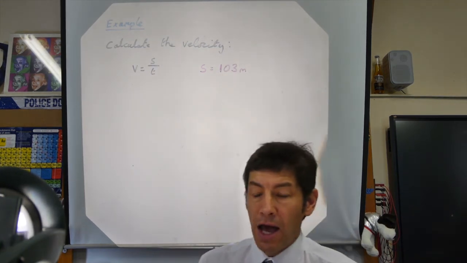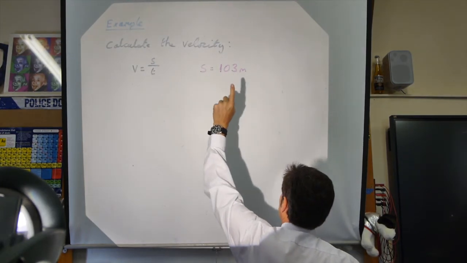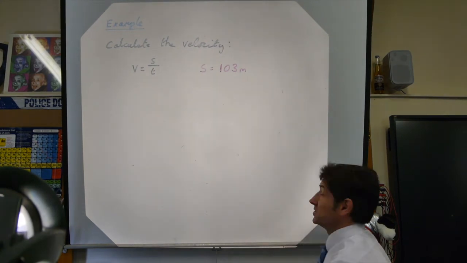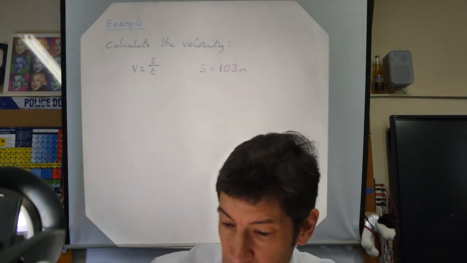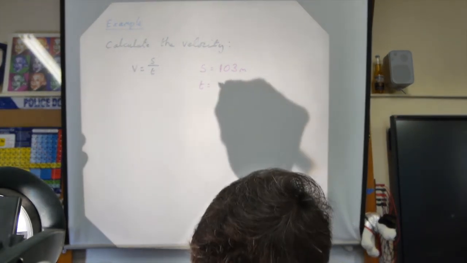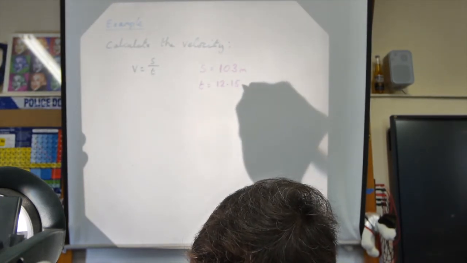I won't put plus or minus on there. I'll just say 103 meters, because by convention it's plus or minus 1 with this last digit. So you should just be going, yeah, 3 sig figs, no trouble at all. And we measured the time, and we got 12.15 seconds.